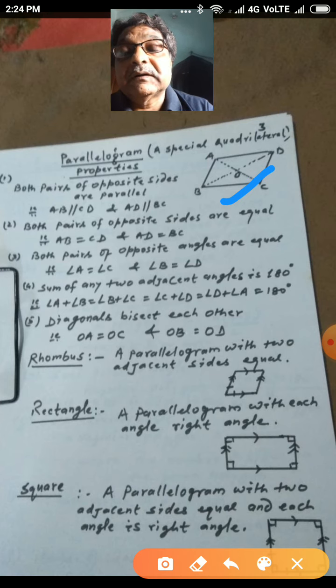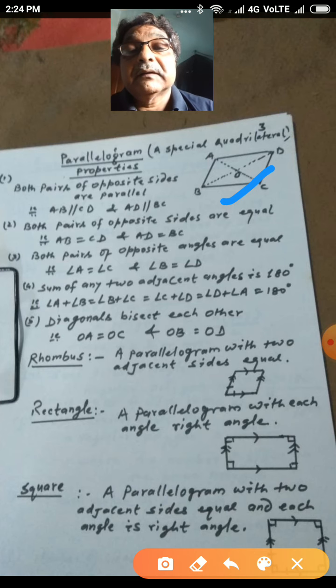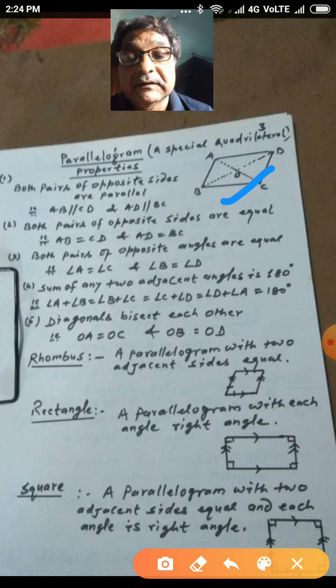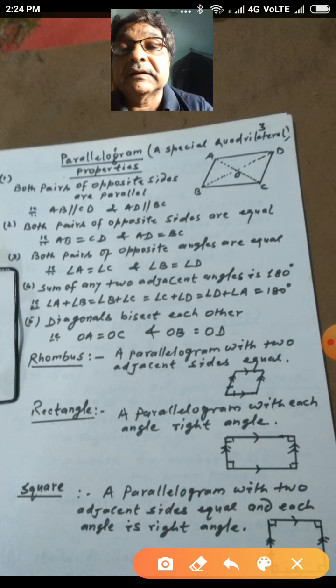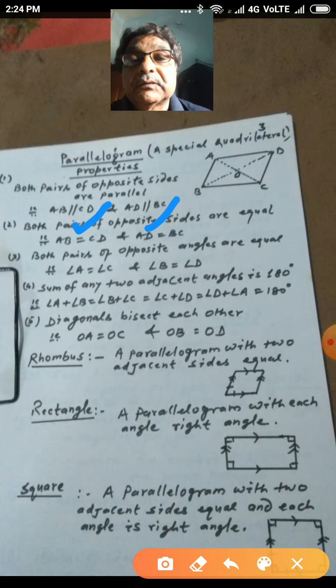What are its important properties? You already know the definition, and that definition is the first property: both pairs of opposite sides are parallel, that is AB parallel to CD and AD parallel to BC.